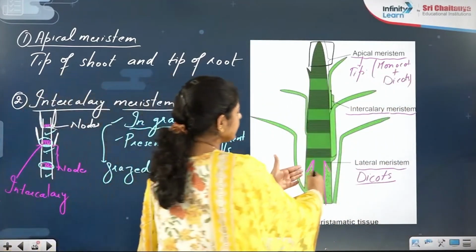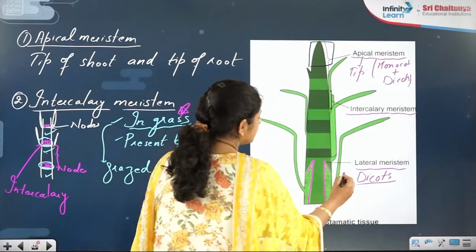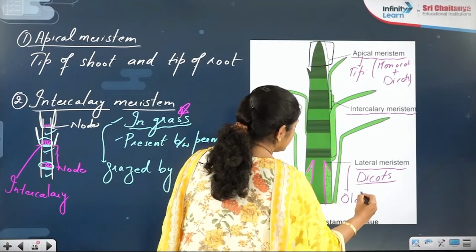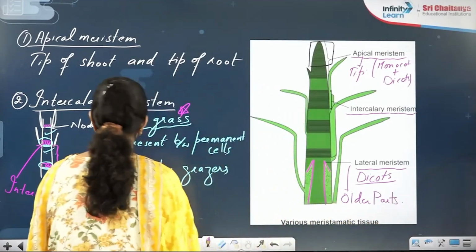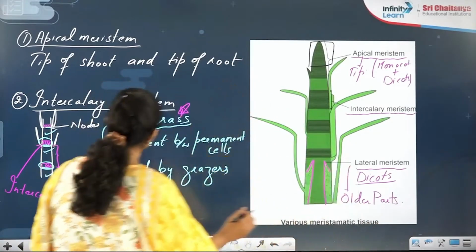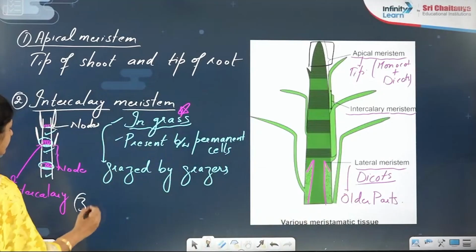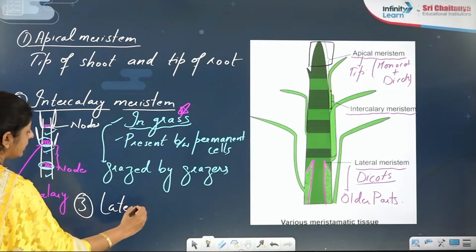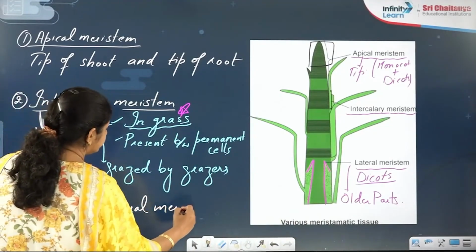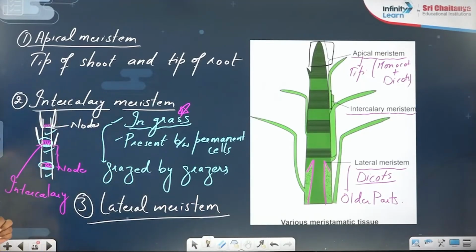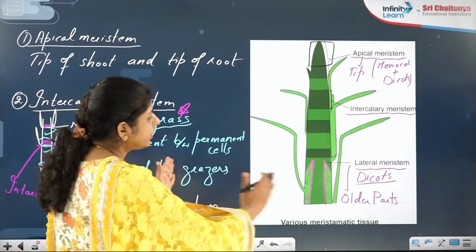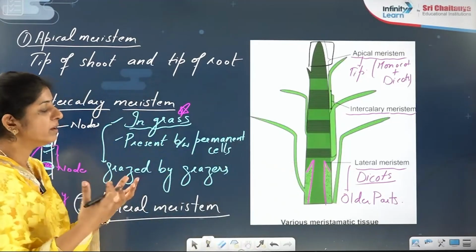Lateral meristem is present laterally on the older parts of the plant. Are you getting that? The third type I am discussing with you is the lateral meristem. So lateral meristem is present on the lateral position of the older part of the stem.